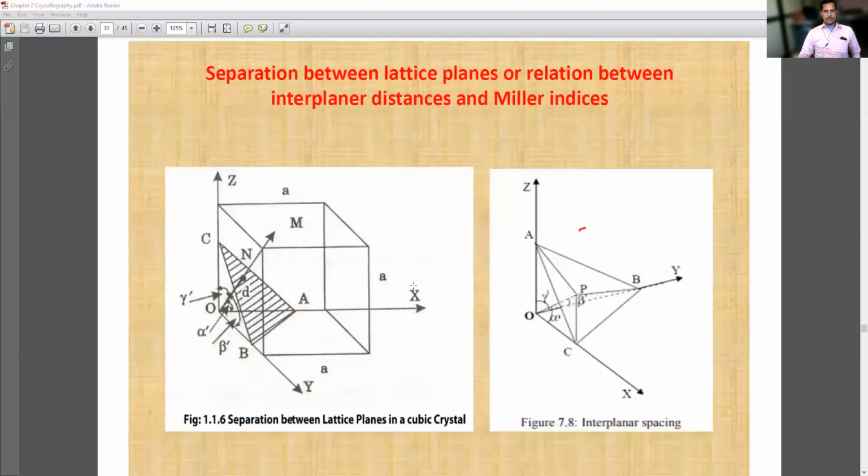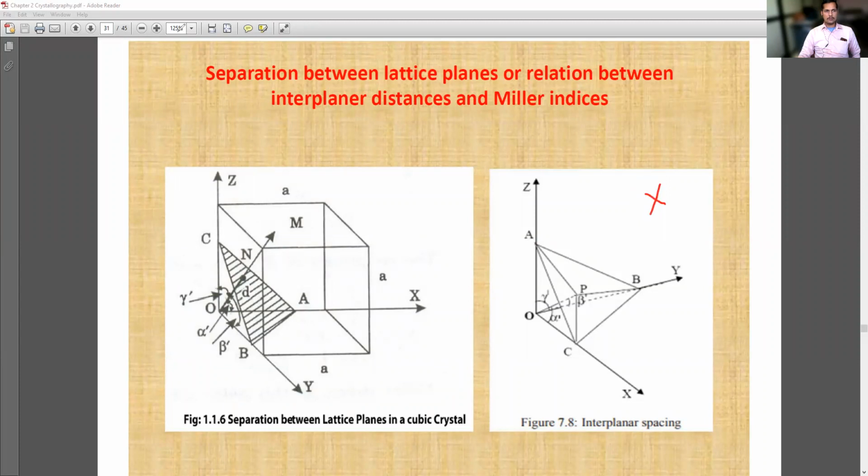Now we shift to the derivation. आता आपण डेरिवेशन चेक करणार आहोत जे या इंटरप्लेनर डिस्टन्स ची व्हॅल्यू आपल्याला इन टर्म्स ऑफ मिलर इंडायसेस देते. So let us check this one. Now one instruction regarding this slide is that don't refer to this figure. We are just concentrating on this one.